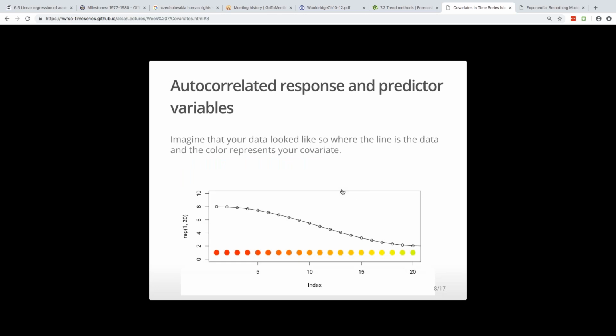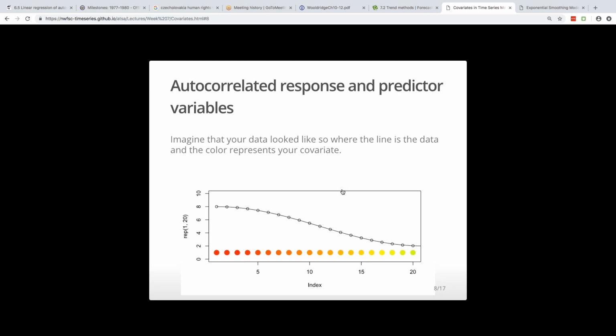There's another type of spurious autocorrelation you can run into, and that can happen if both your data and your covariate are autocorrelated.